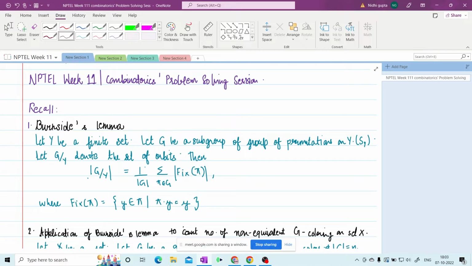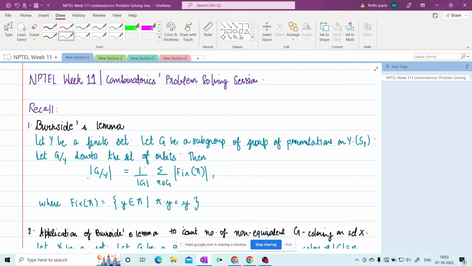Then Burnside lemma says that the number of orbits is equal to 1 upon mod G, the order of the group, times the sum of the number of fixed elements of phi, where phi varies over G.